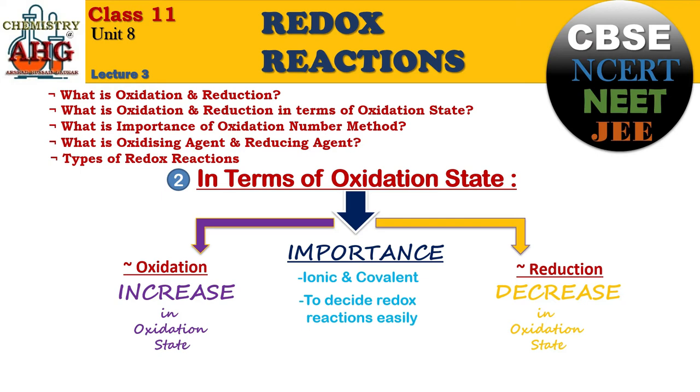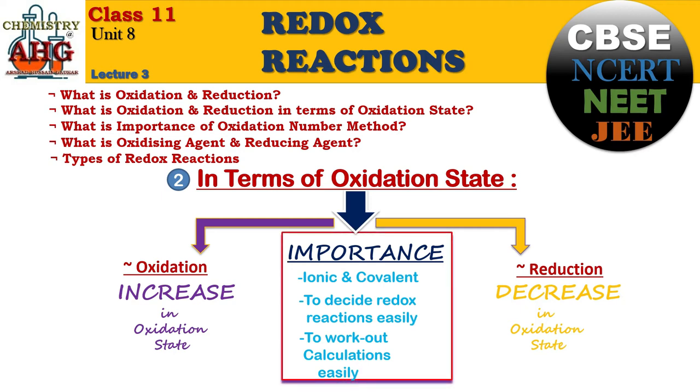And then with the help of this definition, it is also quite simple to do calculations related to redox reactions, to do calculations related to electrochemistry. So these are some of the points that you must remember whenever it is asked why this definition is important to understand redox reactions.